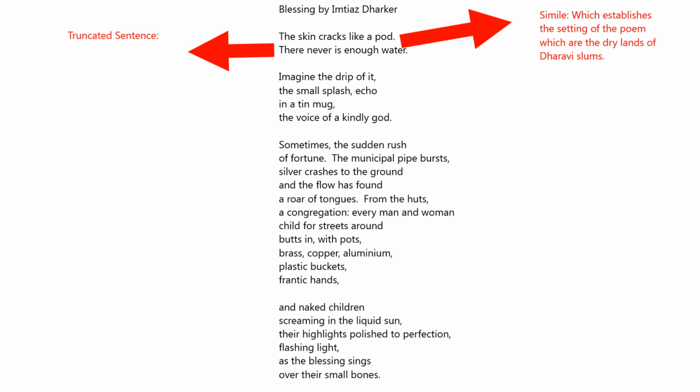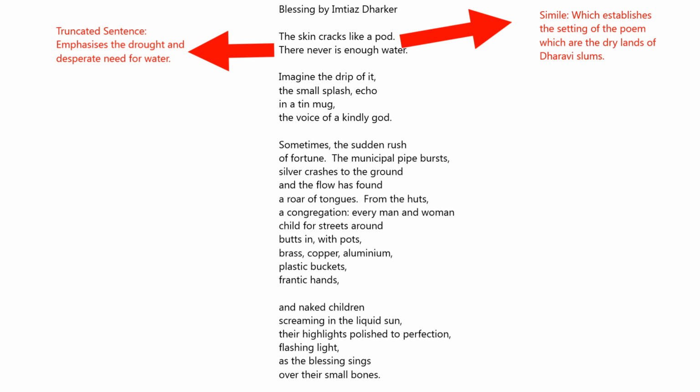So it's a truncated sentence which emphasizes the drought and need for water. Okay. That's what you need to write there. I'll just move this a little. There we go.